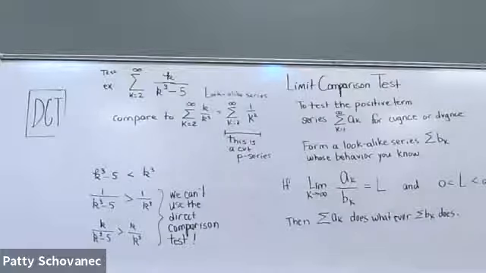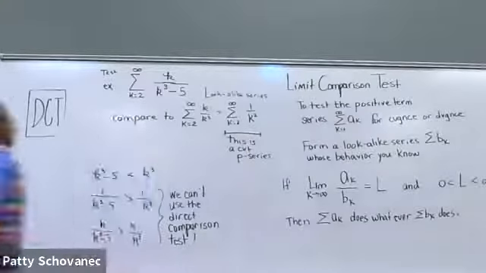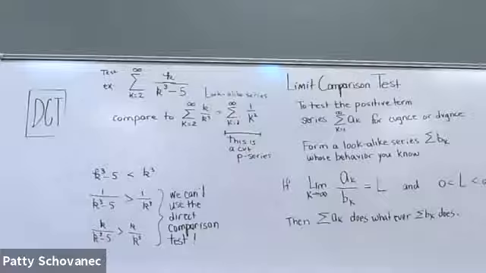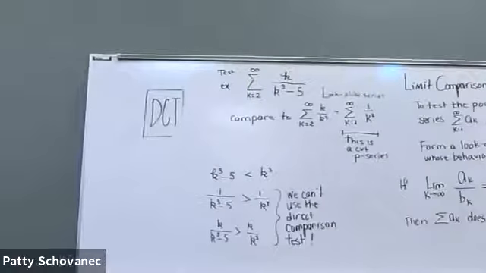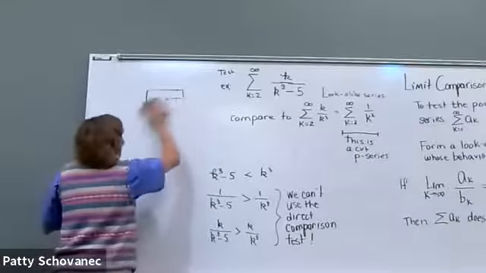So let's go back to our example. I can't use a direct comparison test with k over k cubed minus 5, but I can do a limit comparison test with 1 over k squared. We're going to do the limit comparison test right here.